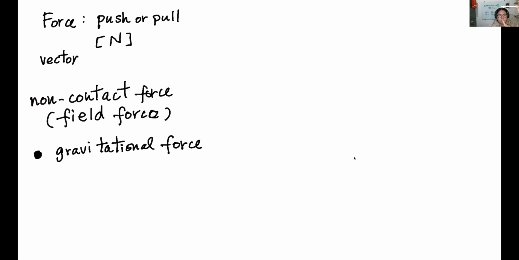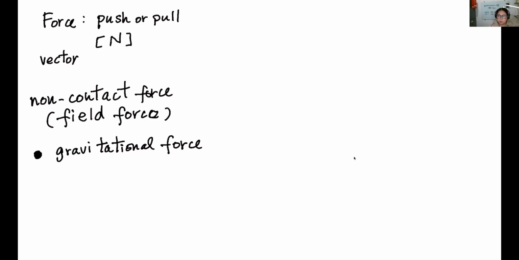It falls. It's pulled to the ground. It's not in contact with the ground or anything. As soon as I let go, there is a force there. That's why it starts dropping, faster and faster. There's a force that keeps pulling.